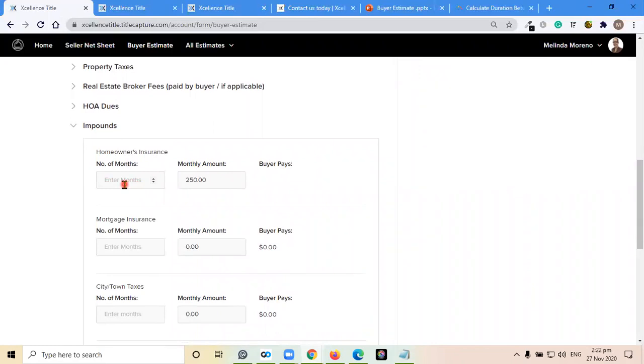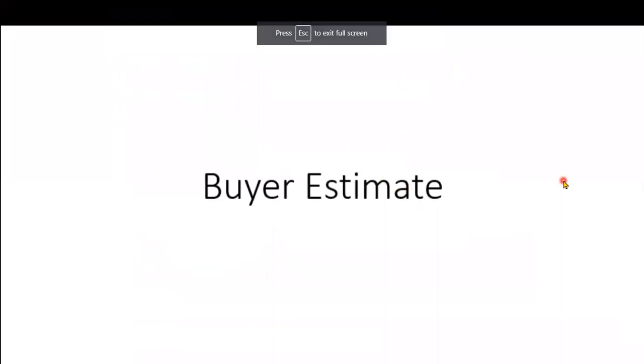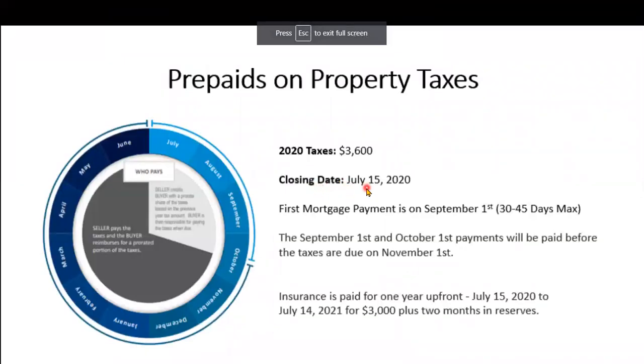So the number of months to put in this field really depends on day of closing. So if the day of closing is July the 15th, and let me show you my diagram here. All right, so the closing date is July the 15th. Then the first mortgage payment is going to be on September the 1st, because the bank gives the buyer about 30 to 45 days before the due date of the first mortgage payment.